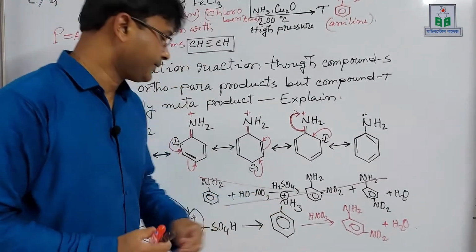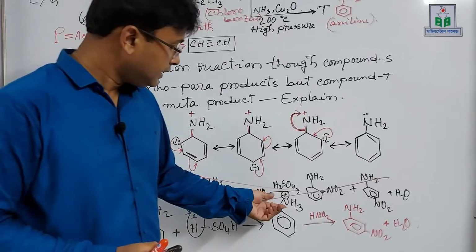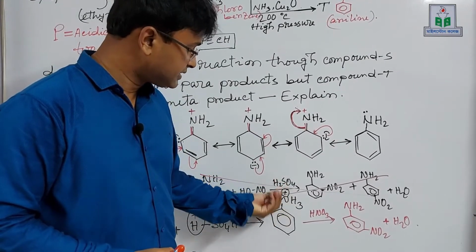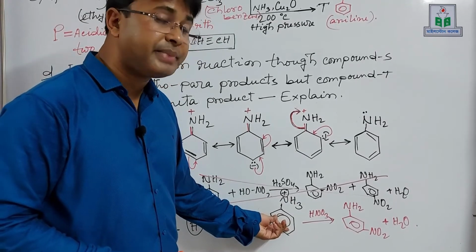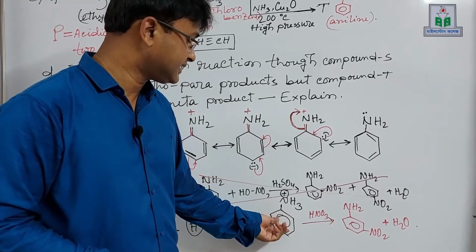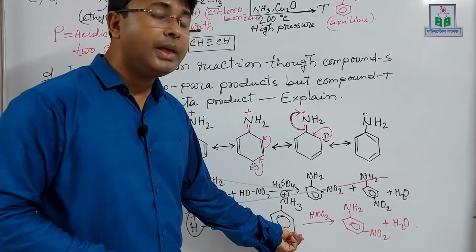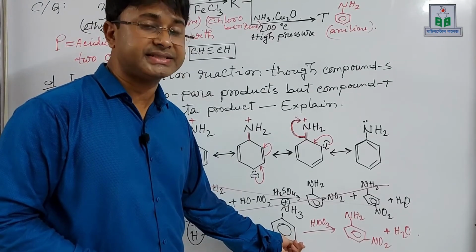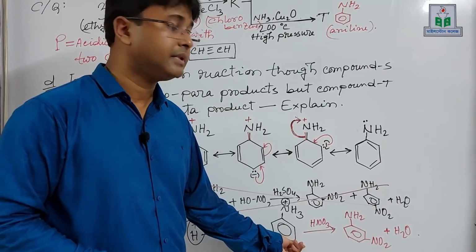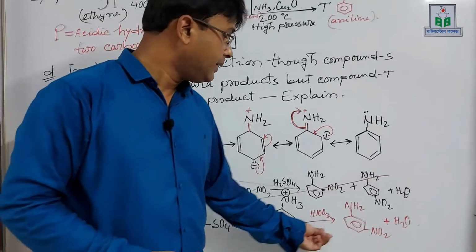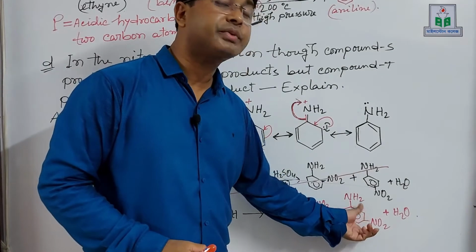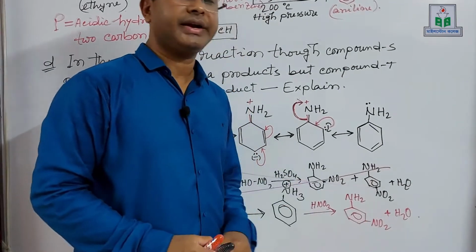Actually, I would like to say, the anilinium ion pulls the delocalized electron from the benzene ring. As a result, the electron density of the meta position is increased. That's why the nitro group of nitric acid attacks the meta position of aniline to produce metanitroaniline.